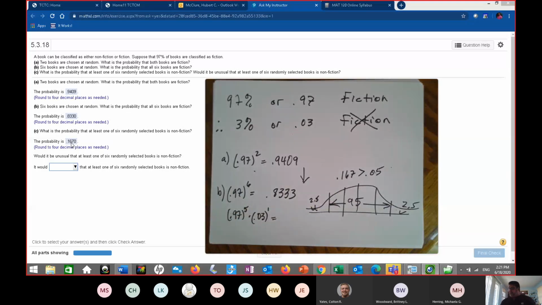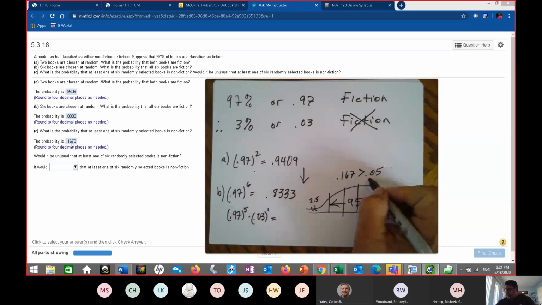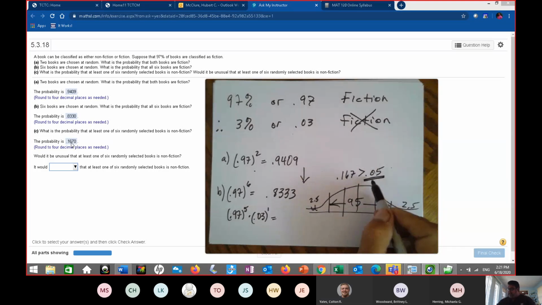2.5 and 2.5 are 0.025, and 0.025 is 0.05. So anything above 0.05 falls what we call what? Normal.